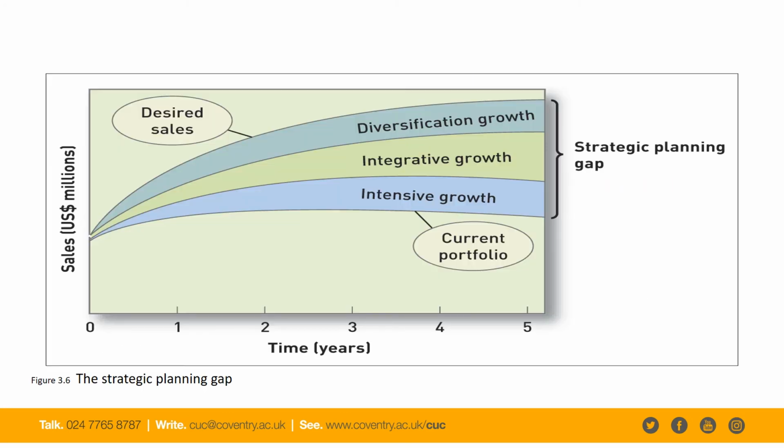And if we look at the strategic planning gap, we're saying to ourselves, what do you want to achieve in terms of sales growth over what period of time, and how are you going to get there? Is it going to be via diversification, integrated growth, intensive growth? So exactly how you want to get there with your current portfolio and new portfolios and so on and so forth, which will then bring in the BCG matrix and your strategic planning.